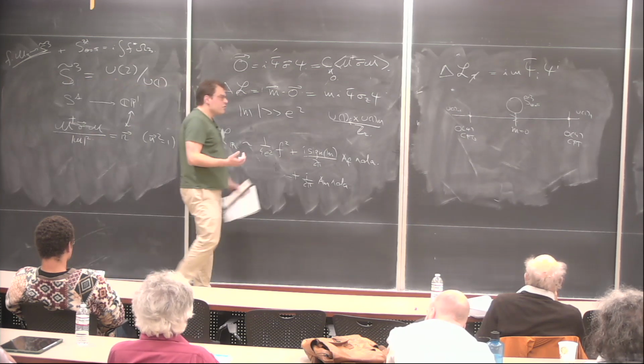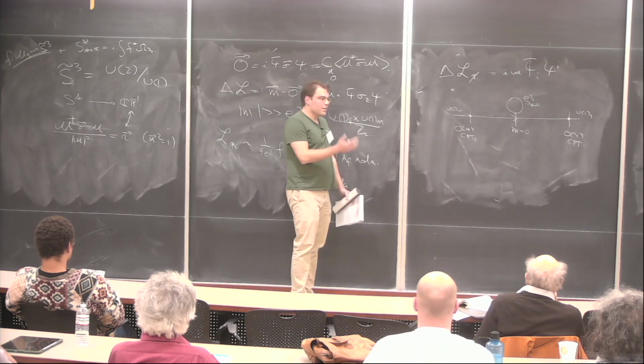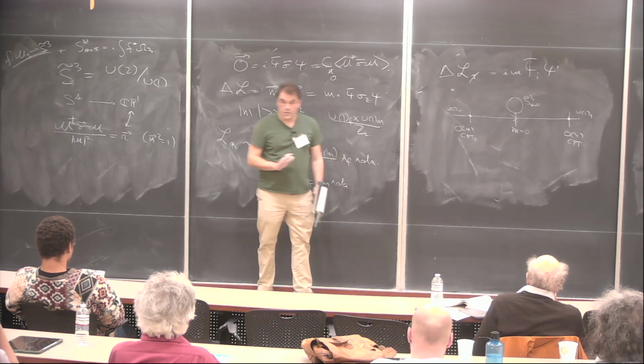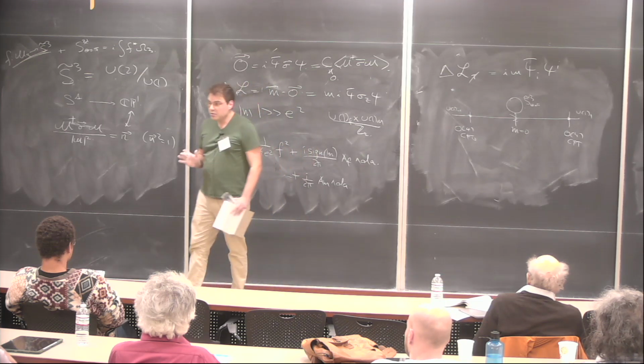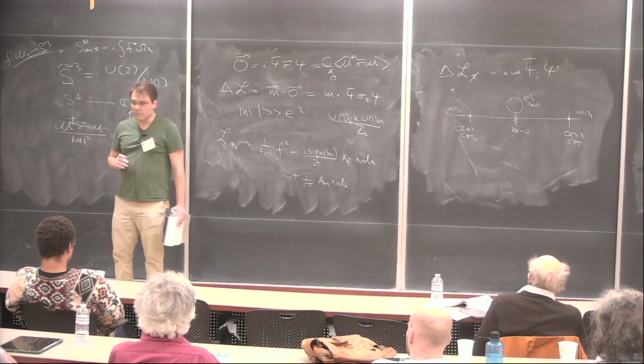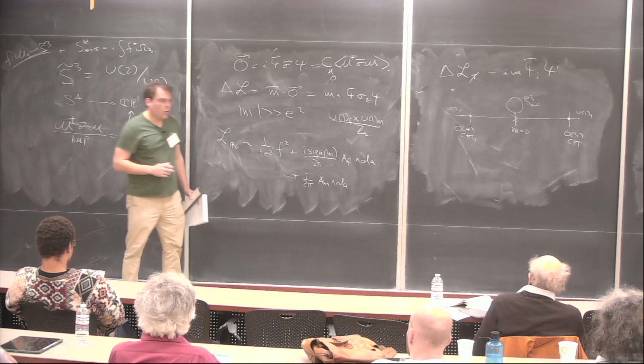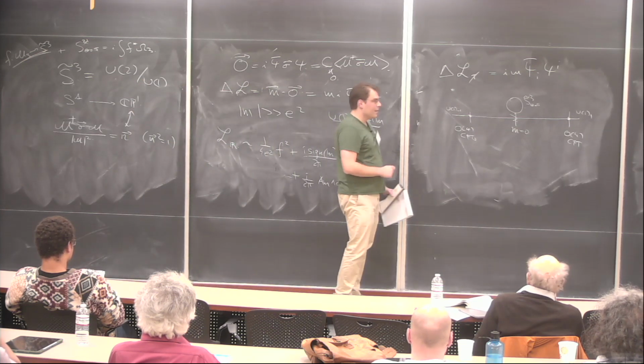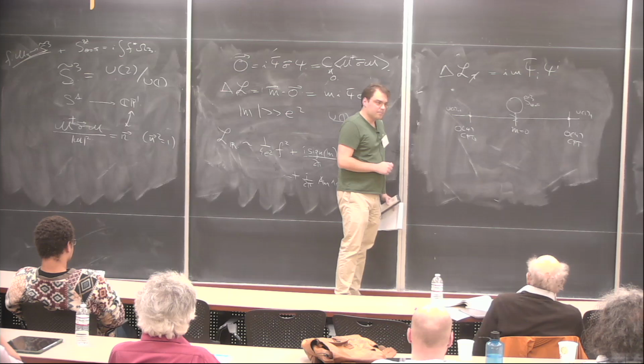But there's an interesting variant of the theory where you take the gauge group to be, instead of U1, you can take it to be R. And that is a little bit easier to simulate on the lattice for various technical reasons. And the usual lore, at least for a long time, has been that the theory with gauge group R doesn't have monopole operators.